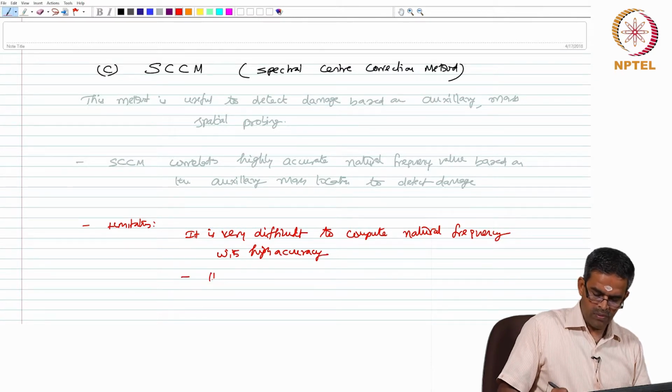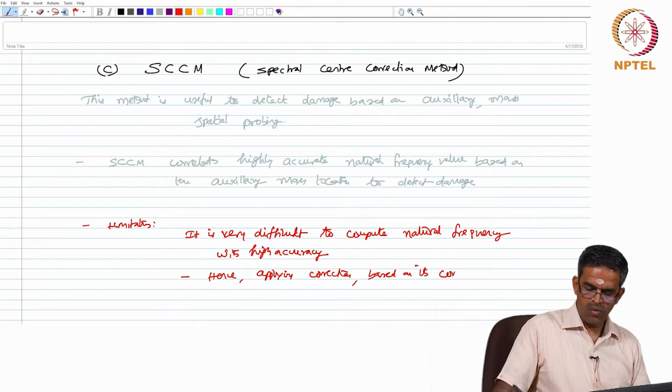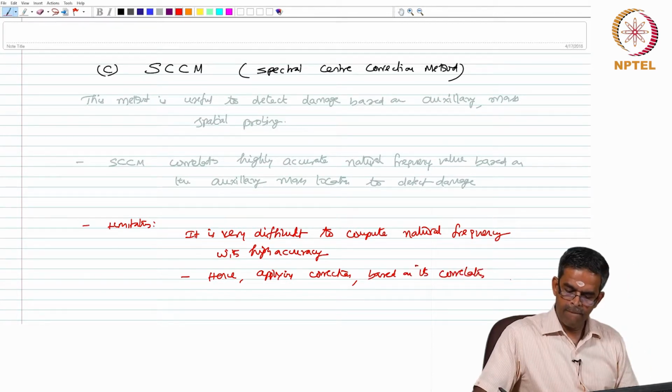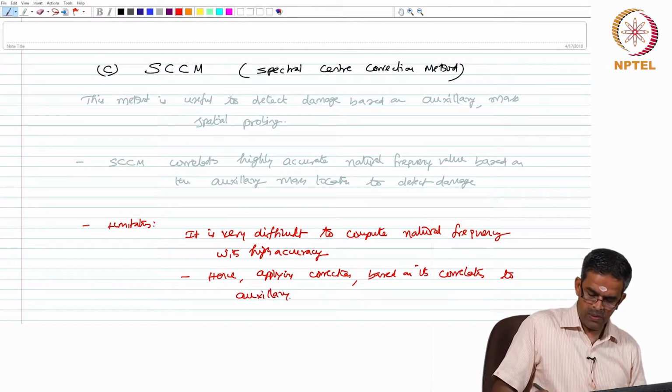Therefore, applying correction based on its correlation to auxiliary mass is difficult and complex.